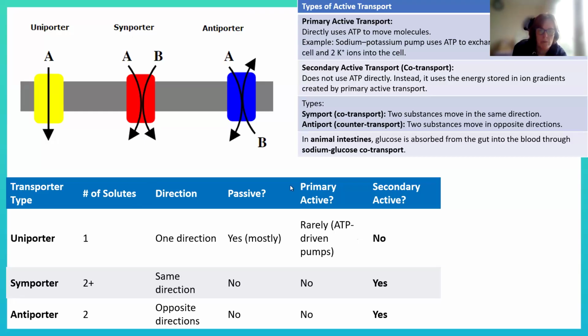What I was asked about is whether it was primary or secondary active. So let's just recap what they are. Primary active transport uses ATP to move molecules. A good example is the sodium potassium pump. It uses ATP to exchange 3 sodium ions out of the cell, and then 2 potassium ions go into the cell. So this is a really slow way, essentially, to change the gradient of positive.